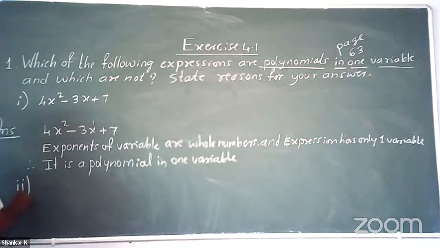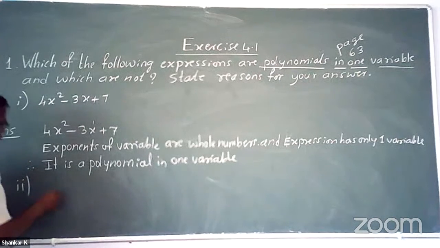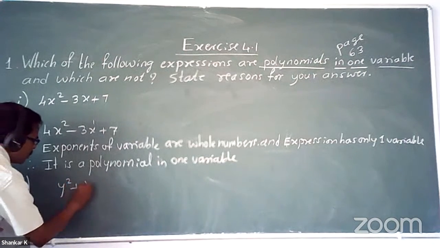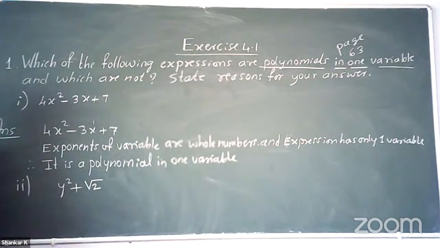Second question is y squared plus root 2. This is also a polynomial in one variable because the exponent of the variable, or power of the variable, is 2. 2 is a whole number. Root 2 is a constant. You don't think about this. It is a number. Here the exponent of the variable is 2. It is a whole number. Therefore, it is a polynomial in one variable.